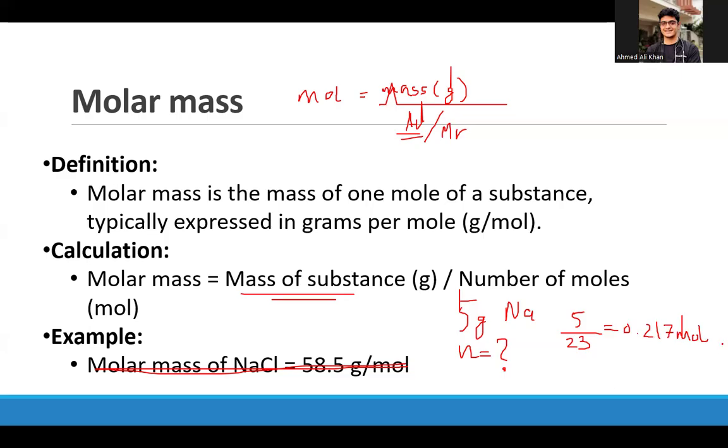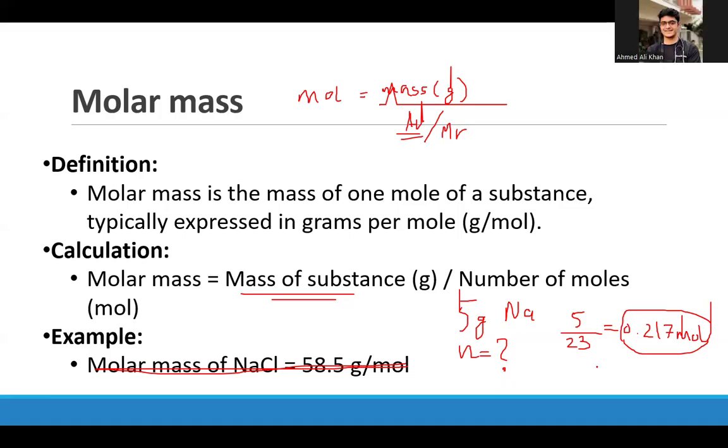0.217 moles. Now if I want to know how many atoms there are in 0.217 moles, what will I do? You'll divide the mass by the atomic number?